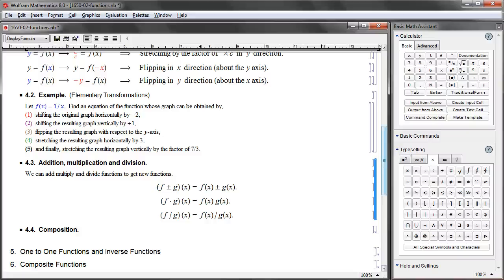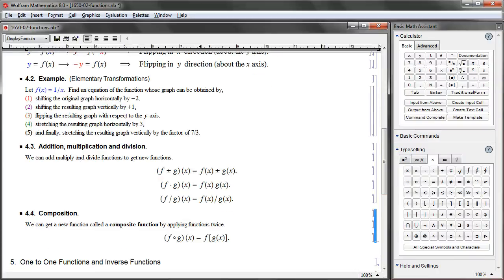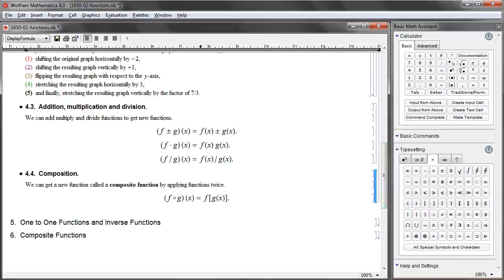Multiplication, division, pretty much the same. So that's about it. Composition is a different story, and that's something we'll have to talk in far more detail later on, and that's something we are going to do at the very end of this chapter.